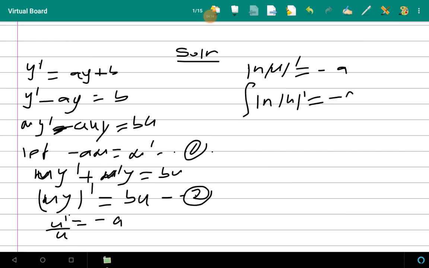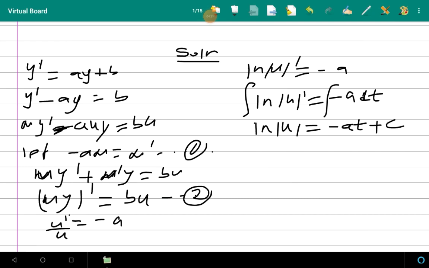Integrating with respect to t, the integral gives ln u equal to negative a t plus a particular constant c.